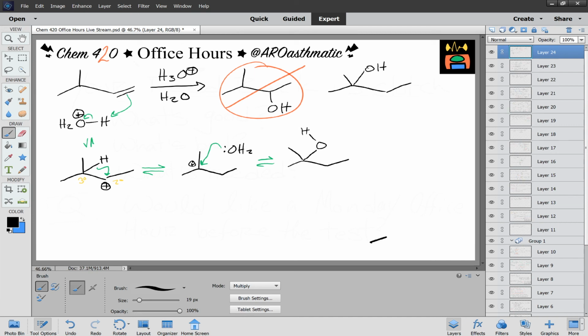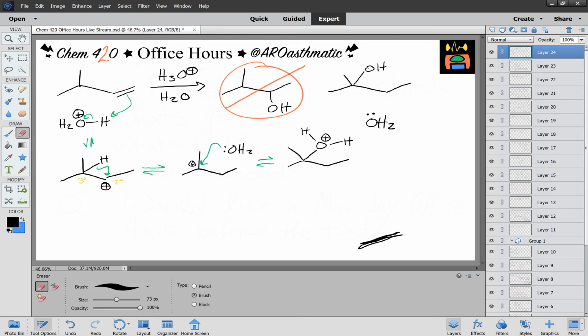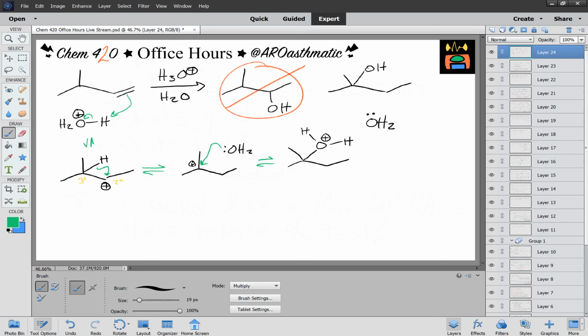And then in the final step of this reaction, another water molecule comes around and deprotonates to form the alcohol. And that's how we get this weird product, all right? So if you use acid on this substrate, you do not actually form the secondary alcohol that we were expecting.